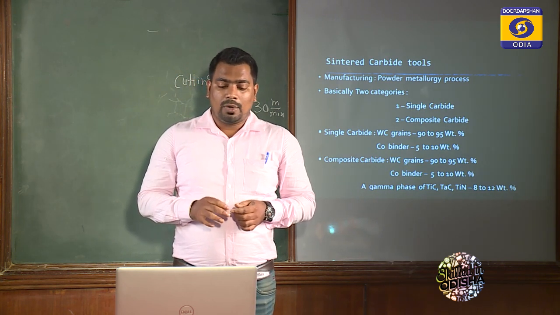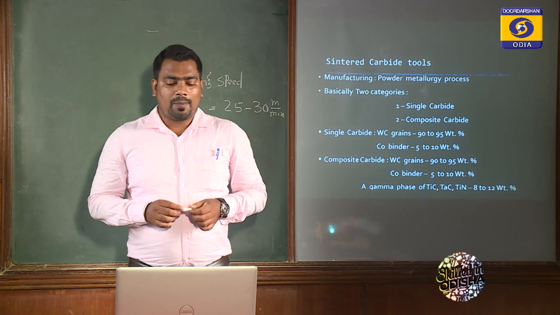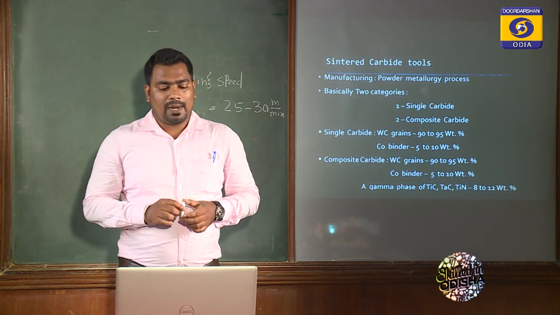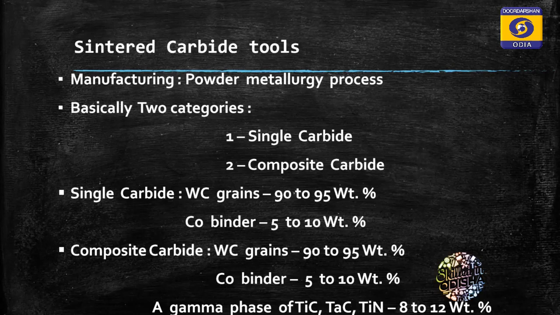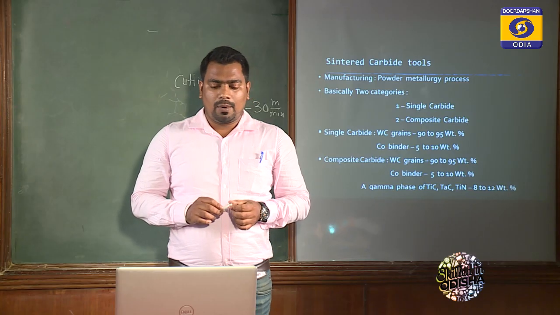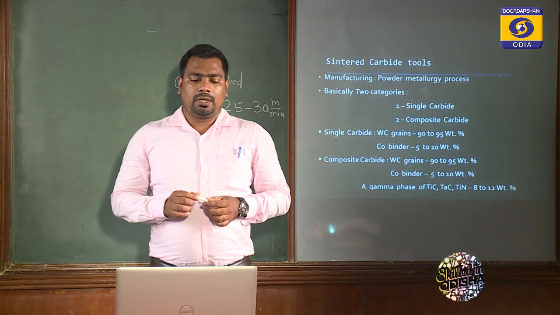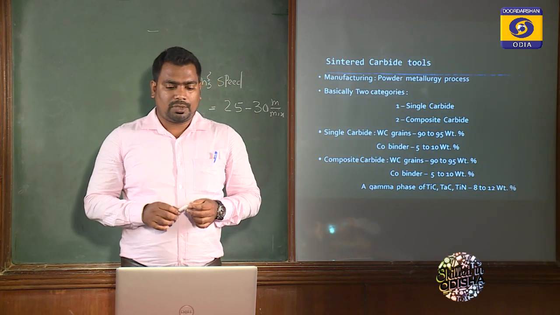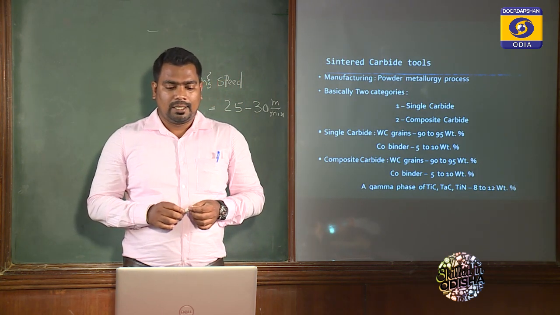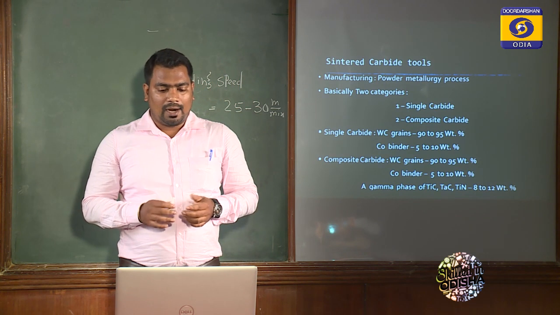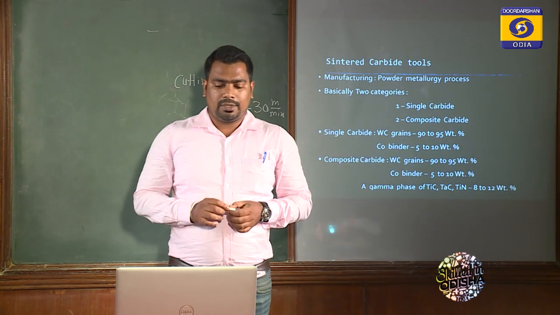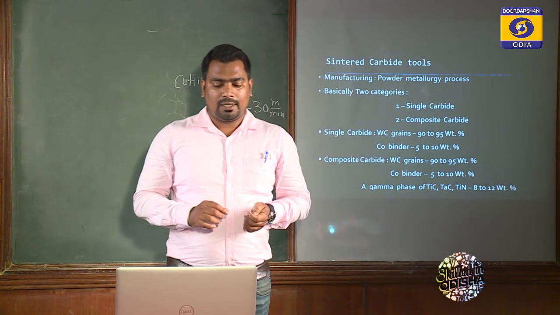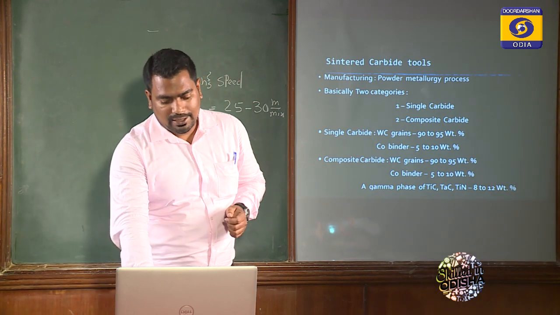So to avoid that, a gamma phase of titanium carbide, tantalum carbide and titanium nitride is added, up to 8 to 12 weight percentage, in order to avoid the abrasive structure of single carbide. So composite carbide adds a gamma phase of titanium carbide, tantalum carbide and titanium nitride.